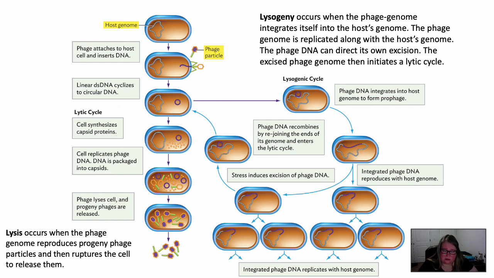Some sort of stress acts on the host and causes the phage to excise its DNA from the genome and go back into the lytic cycle. We don't really know or understand a lot about these outside stressors, but we know that when it happens with HSV1, it causes that cold sore, and that's when it goes into its active phase.